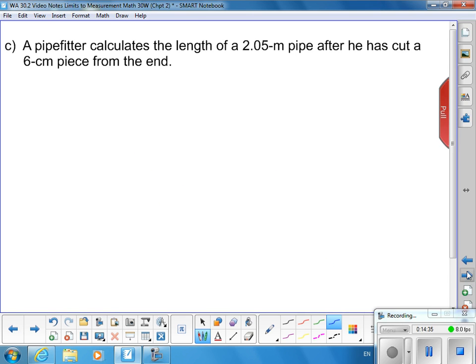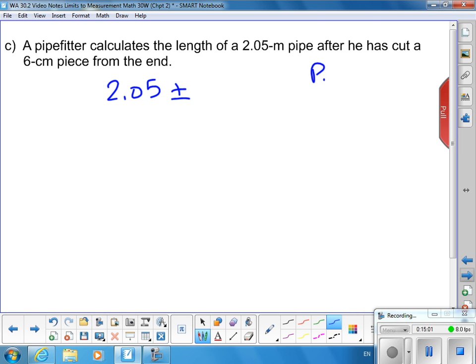A pipe fitter calculates the length of a 2.505 meter pipe after he has cut a 6 centimeter piece from the end. Now, this one is a little challenging because you are going to subtract the lengths because you're taking something off, but you will still add the uncertainty because this is plus or minus.